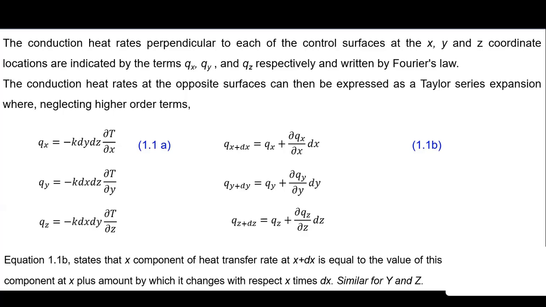And similarly, we can write down the equations for qy plus dy, qz plus dz using the same logic, and we can number them as 1.1 a, b, c, d, e and f.